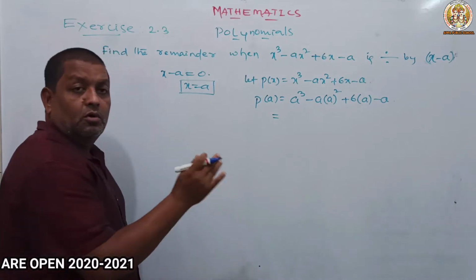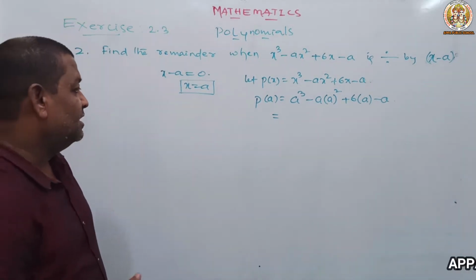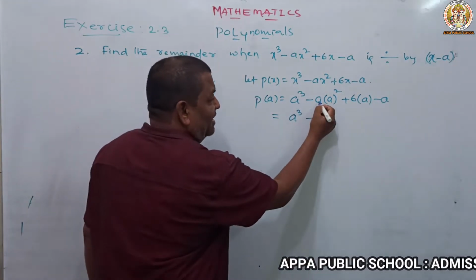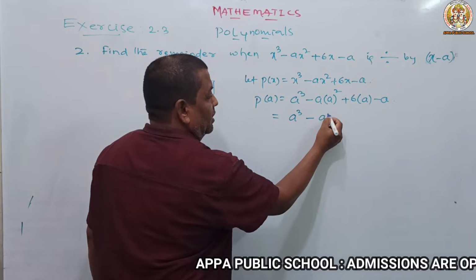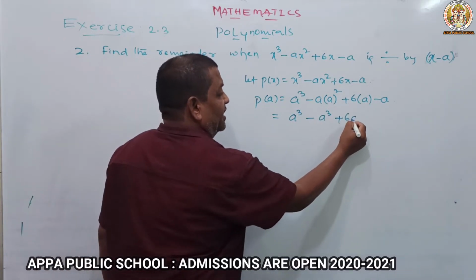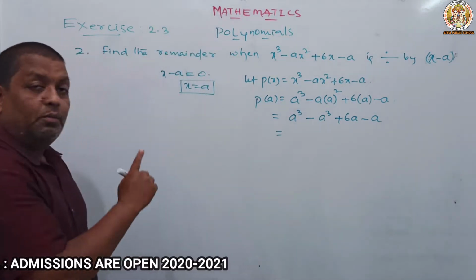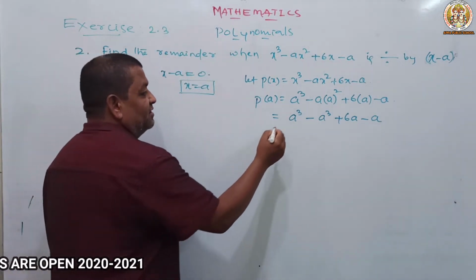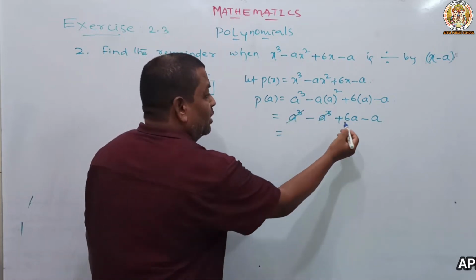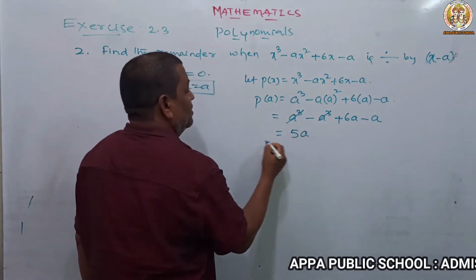Now open the brackets and simplify, and finally we will get our remainder. a cube minus a into a square, that is a cube, plus 6 into a, 6a, minus a. Plus a cube minus a cube, they cancel because of opposite sign. Now what is left? 6a minus a, that is 5a.